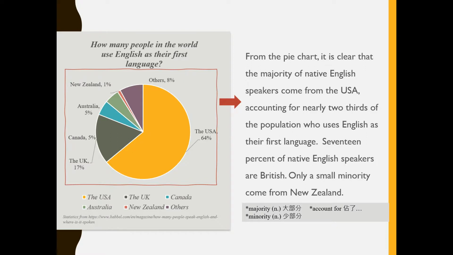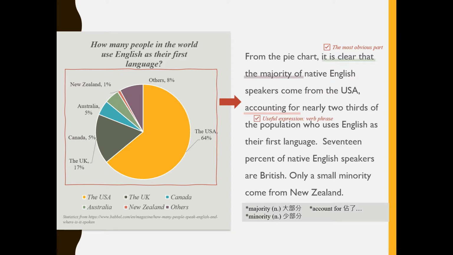Here, you should learn some new words or phrases that are often used to describe the pie chart. The first one is, "It is clear that." We use this expression to tell the readers that what you're about to mention is an obvious fact based on your pie chart. Next, majority. So, you can say the majority of something.